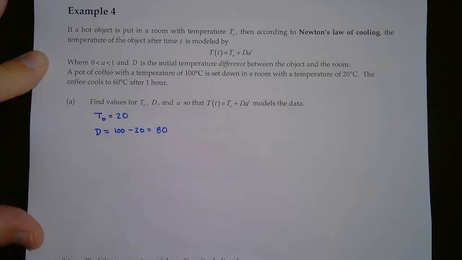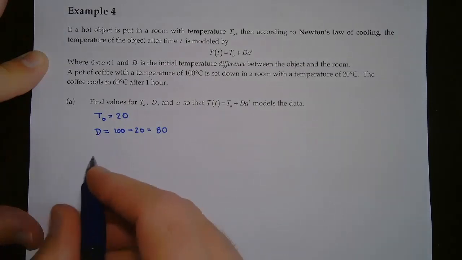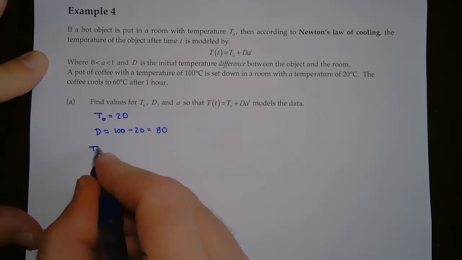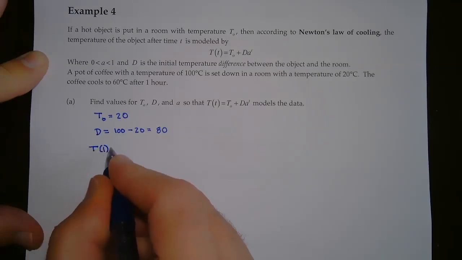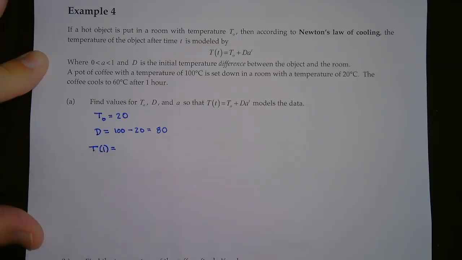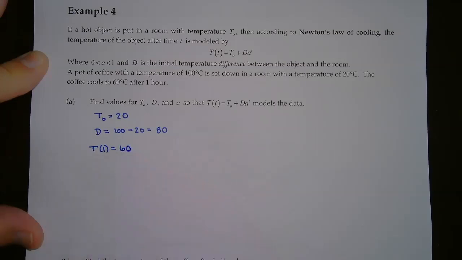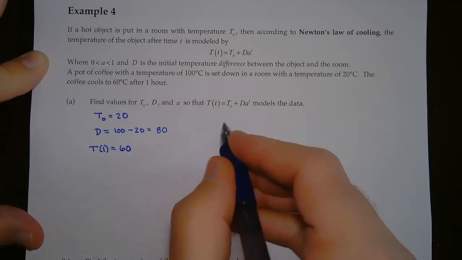And what else I know is that T sub 1 is equal to 60. Our time unit is in hours, and our temperature is in degrees Celsius. So we can start writing our function.